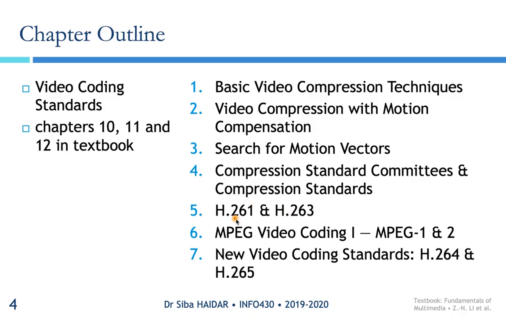Among those compression standards, we will look closely at H.261, H.263, MPEG video coding, which includes MPEG-1 and MPEG-2, and finally the new coding standards, which are H.264 and the latest H.265, or what we can call MPEG-H, which is also based on H.264, which is MPEG-4.